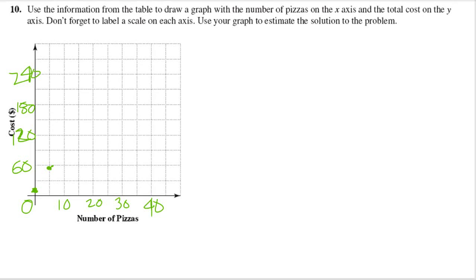So between 60 and 120 would be 90. $100 is going to be a third of the way between 90 and 120. Okay. 15 pizzas, 145. So 120, 150. 145 is just below 150. 20 pizzas was 190, which is just a little bit above 180.